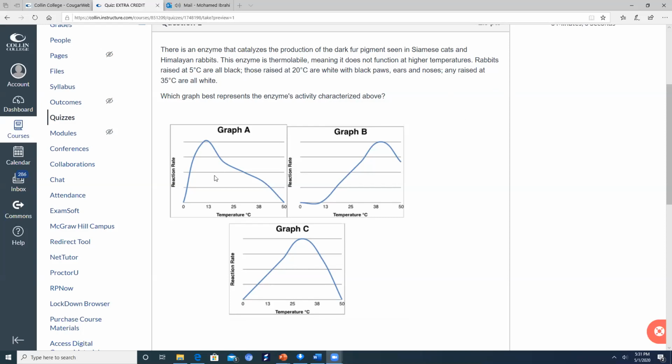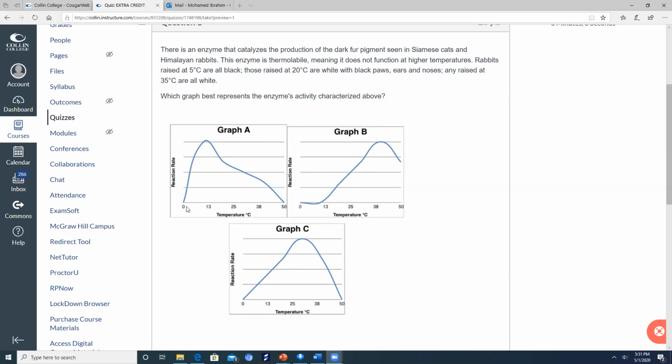So it says clearly, which graph represents this description? An enzyme that is active around 5 degrees, less active at 20, and completely inactive around 35.